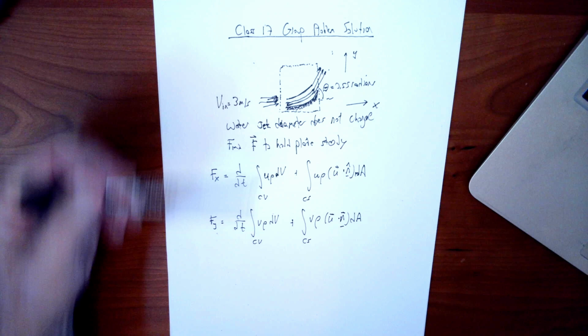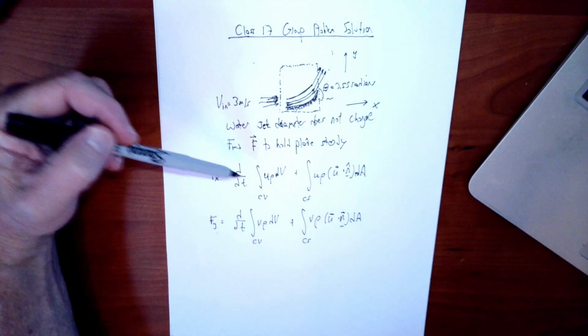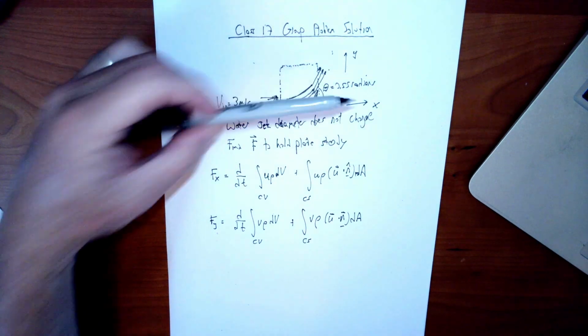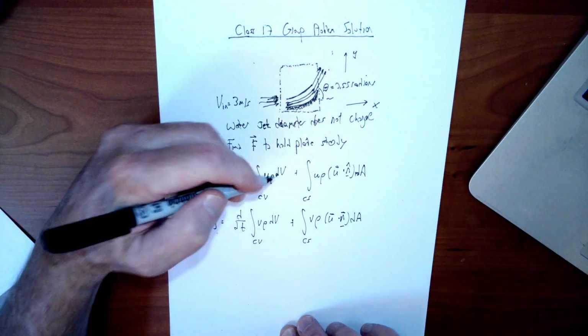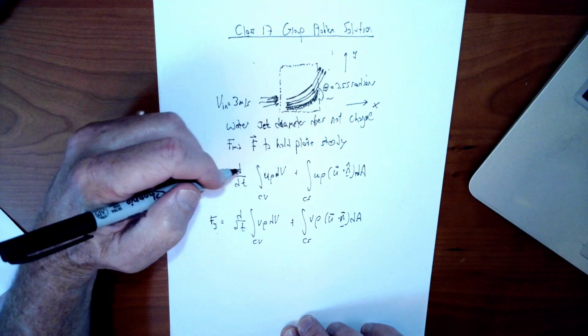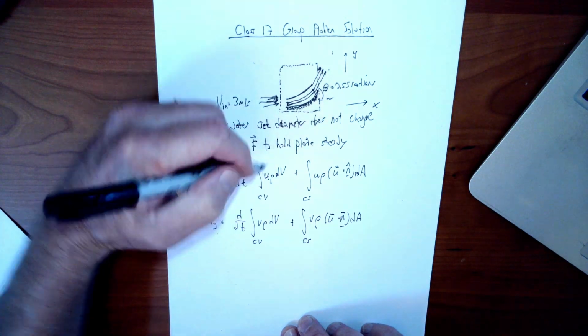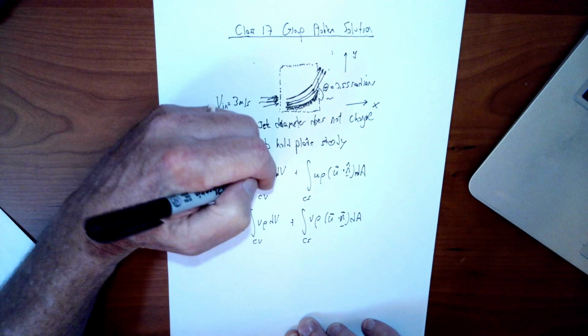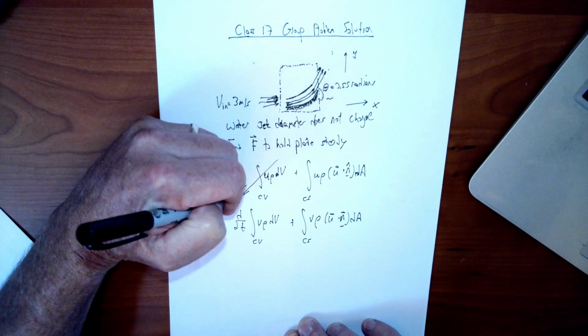Looking at these two force equations, what I'm after is force in x and force in y. Those are my two directions, x going to the right, y going up. This term is the change in the control volume's momentum itself. That change is 0, because the control volume is not moving, so its momentum is not changing.